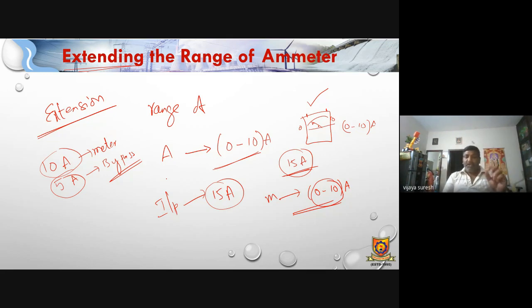So it is possible to measure higher ranges of currents with the help of existing meters. Existing meter means the 10 amps meter, and higher ranges of current means 15 amps or more.